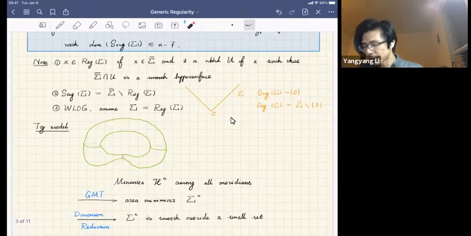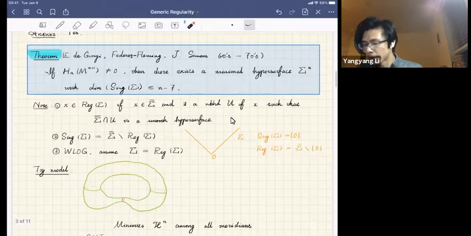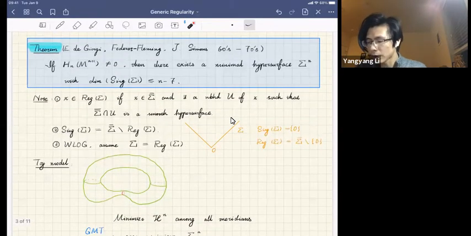Using dimension reduction by Federer, we can even show that sigma is smooth outside a small set. In other words, as I mentioned before, the dimension of the singular set should be at most n-7. So the existence holds if the n-dimensional homology group is non-trivial.